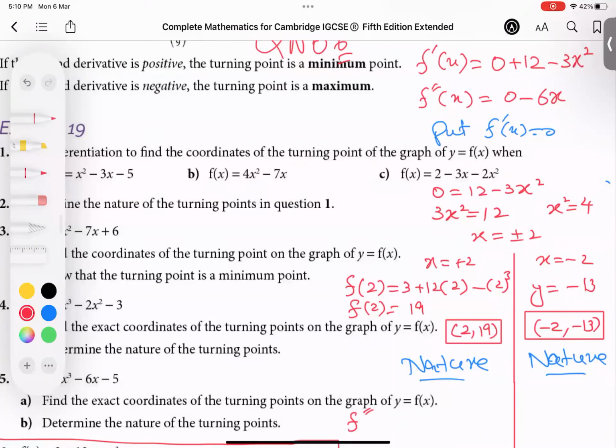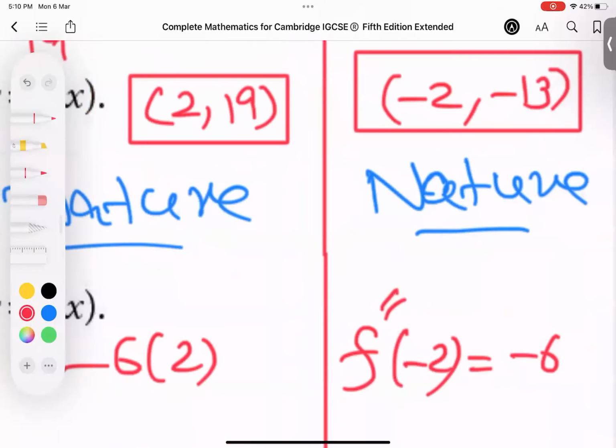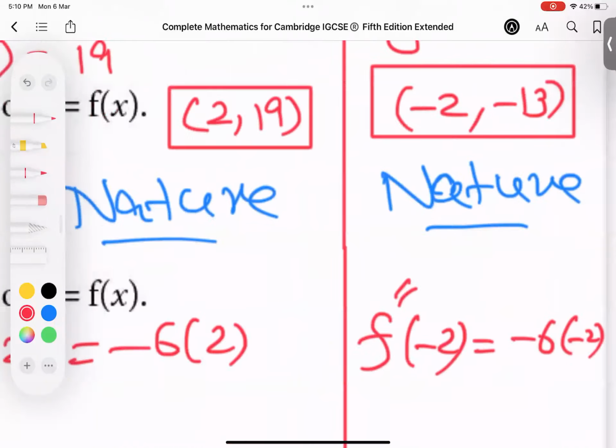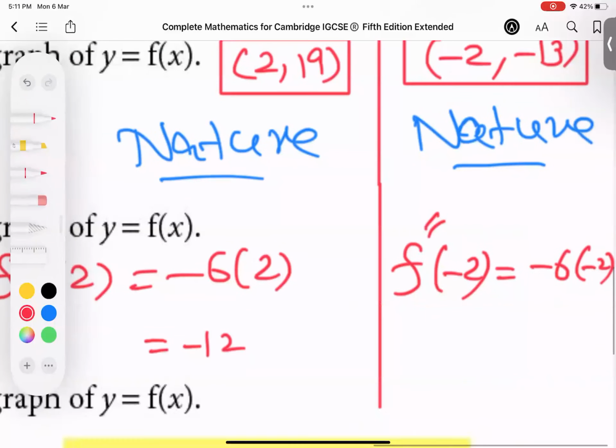F double dash of 2, and this 2 goes there. So negative 6 times 2, I get negative 12. Same way, I will plug in minus 2, with this minus 2 goes there. So negative 6 times negative 2, and I get here negative 12, which is negative, so point of maxima.